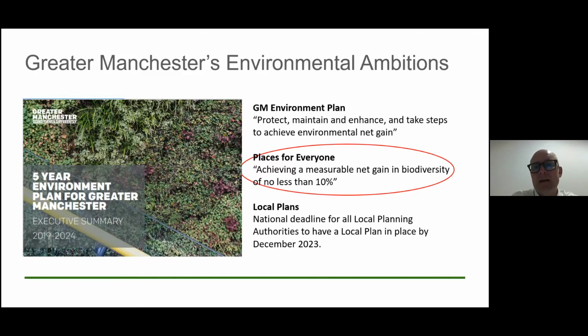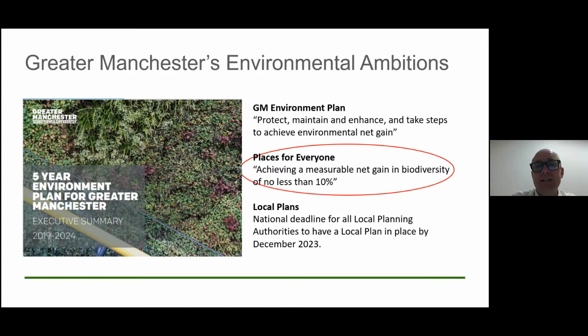Obviously we have 10 local authorities in Greater Manchester, and they also have their own plans, which will follow on from our overall infrastructure plan at a later date. But it's important to state that we have that policy in our infrastructure plan for Greater Manchester, and when that becomes adopted next year, we will then be able to start requiring developers.